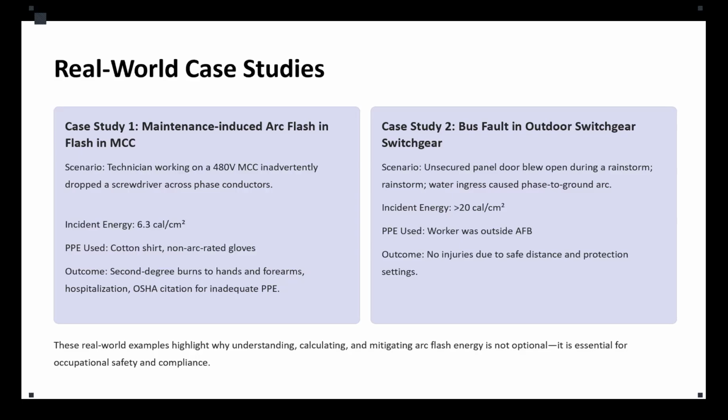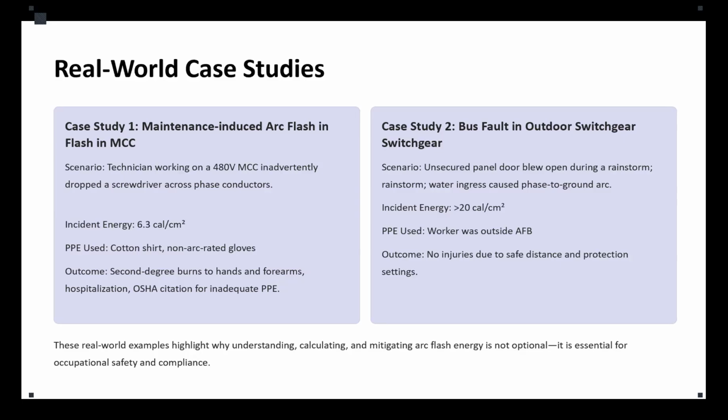Now, when the screwdriver slipped and dropped vertically, it bridged two phase buses. So it's an immediate phase-to-phase fault, and it basically caused an arc flash instantly, forming a plasma channel and vaporizing the metal at the contact points.